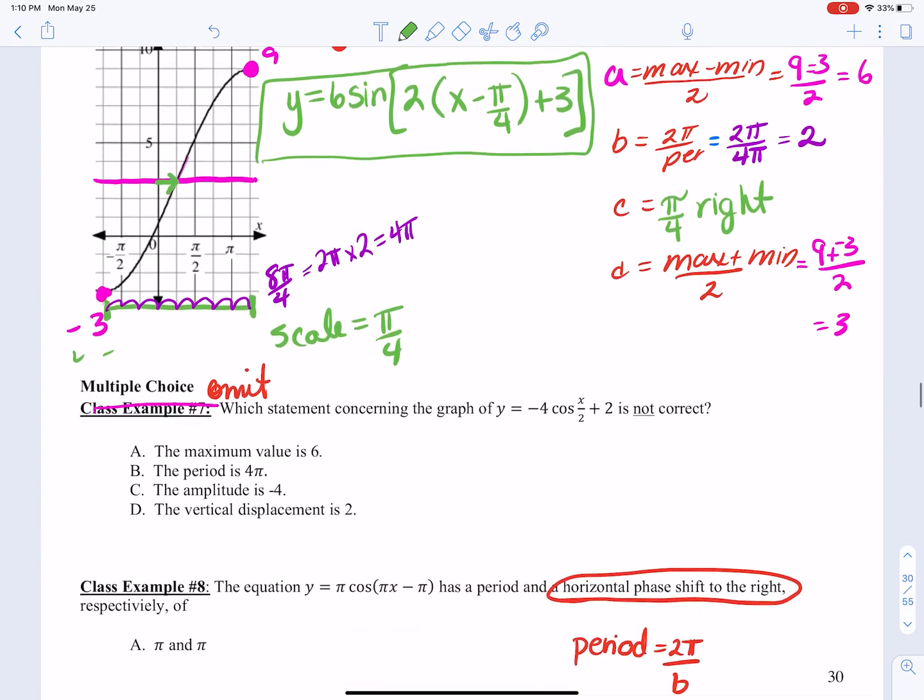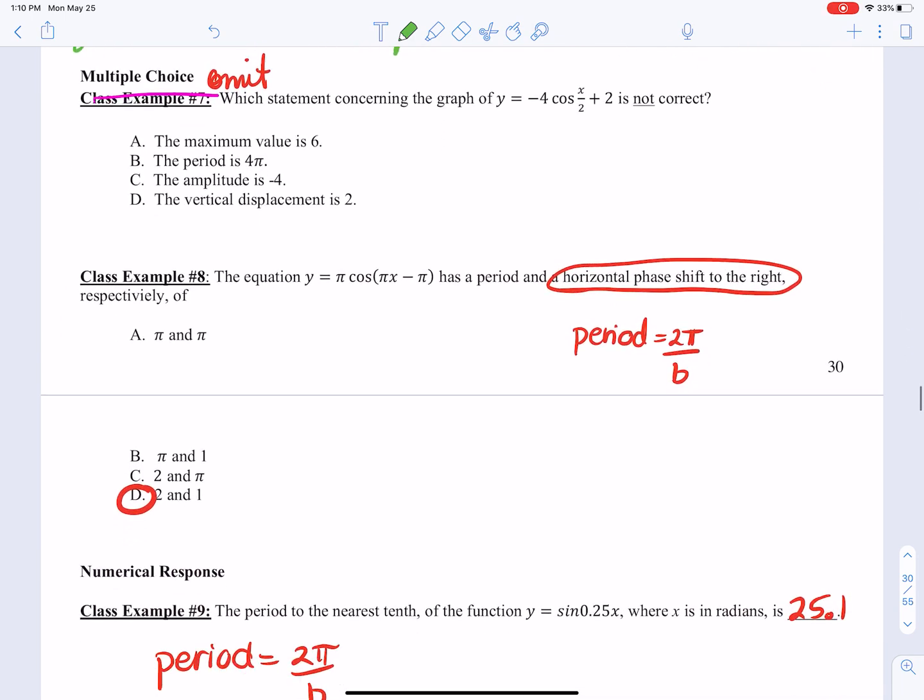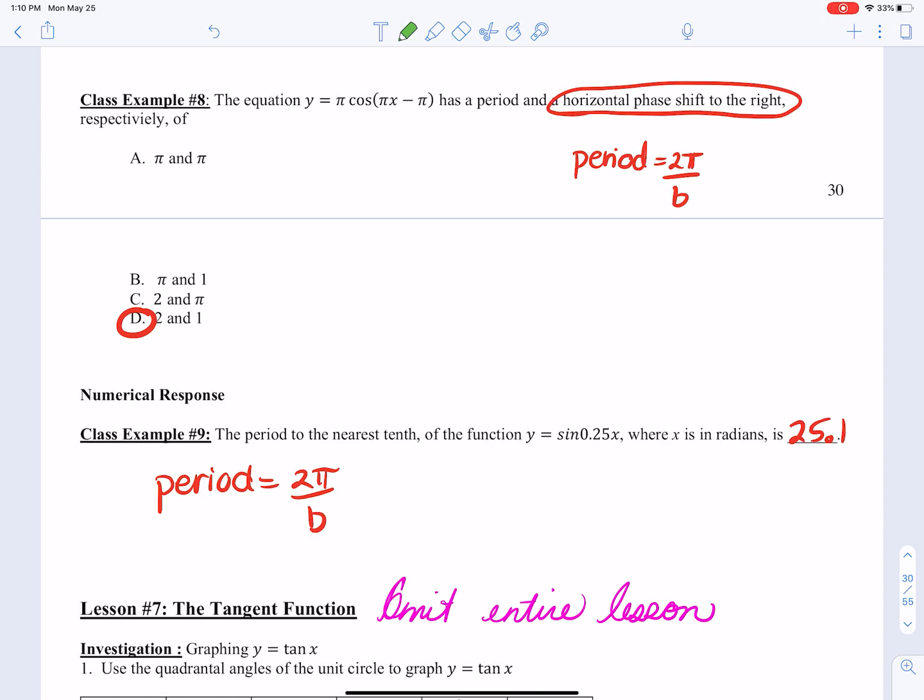All right, we're going to omit class example number 7, but we'll do class example number 8. It says the equation of this has a period and a horizontal phase shift to the right, respectively of. All right, as you can see, I got a B value in there, so I got to factor it out. So I'm going to factor out the pi, and if I factor out the pi from both terms of the binomial, I end up with x minus 1.